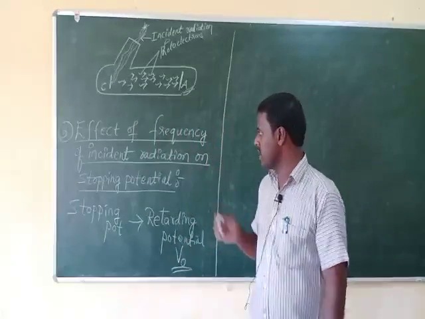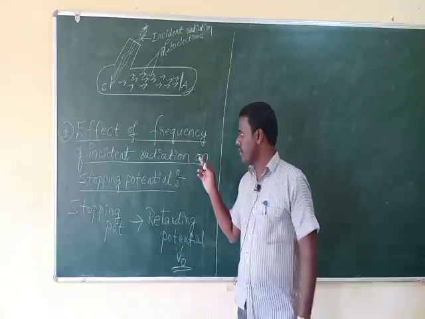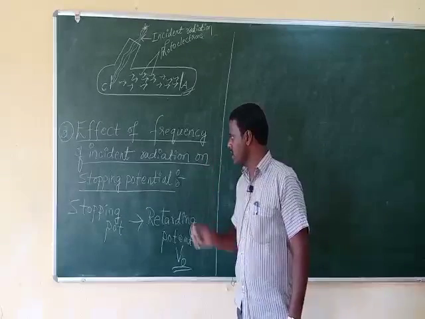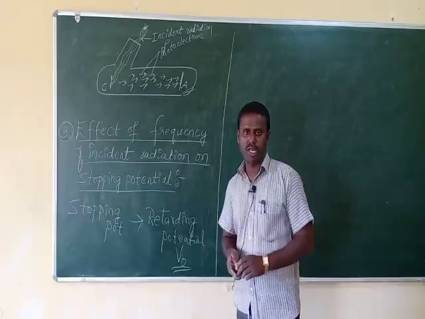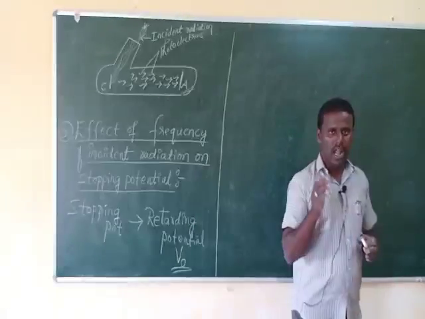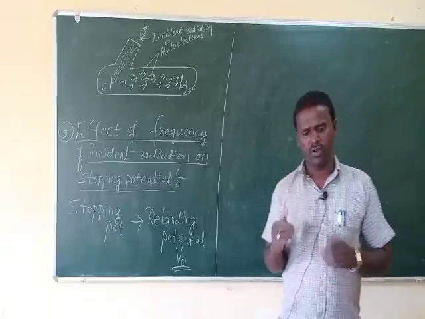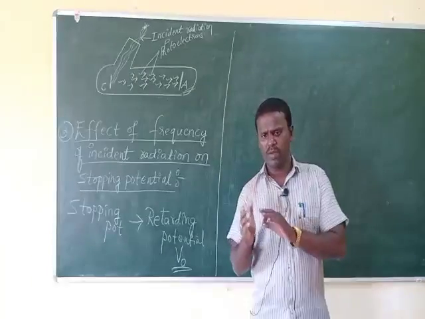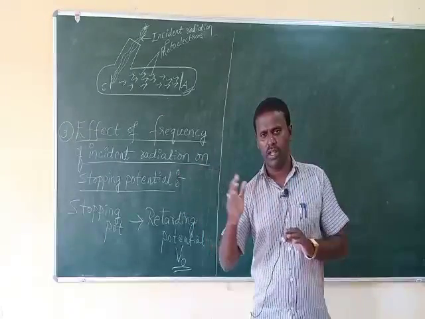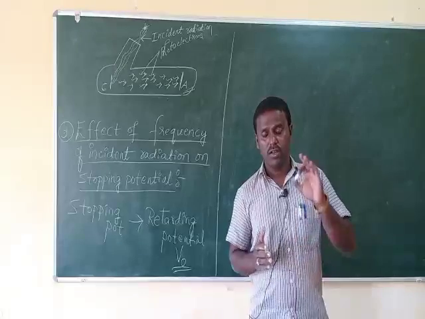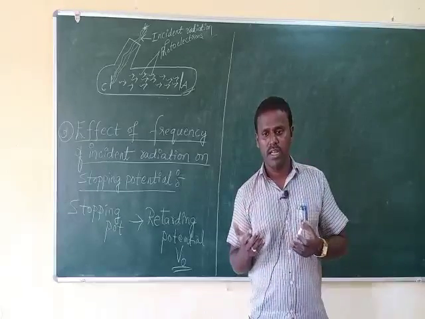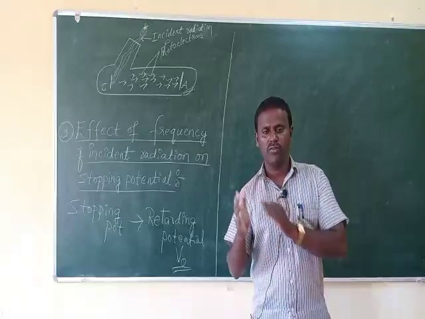And now you are studying the effect of frequency of incident radiation on stopping potential. As you know, light is having intensity, meaning the strength of the light. Here frequency is another factor. Frequency is related to the color of the light.